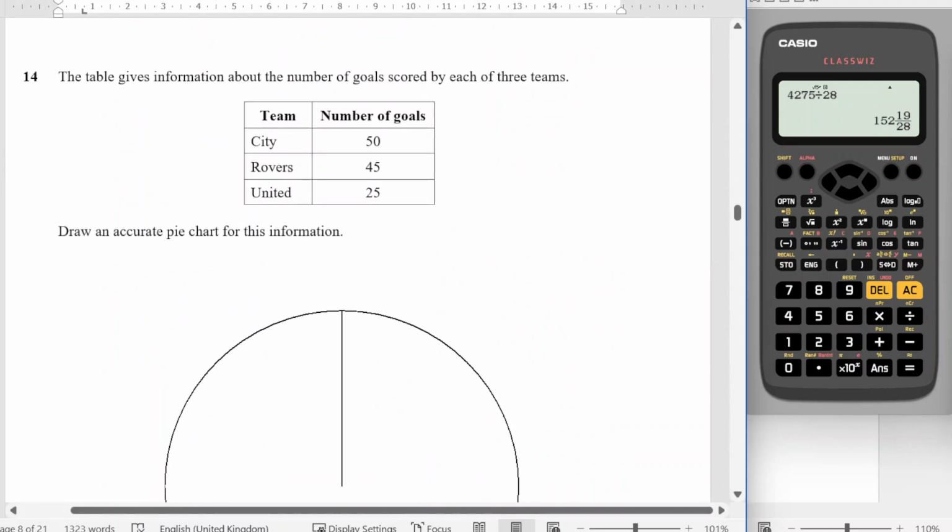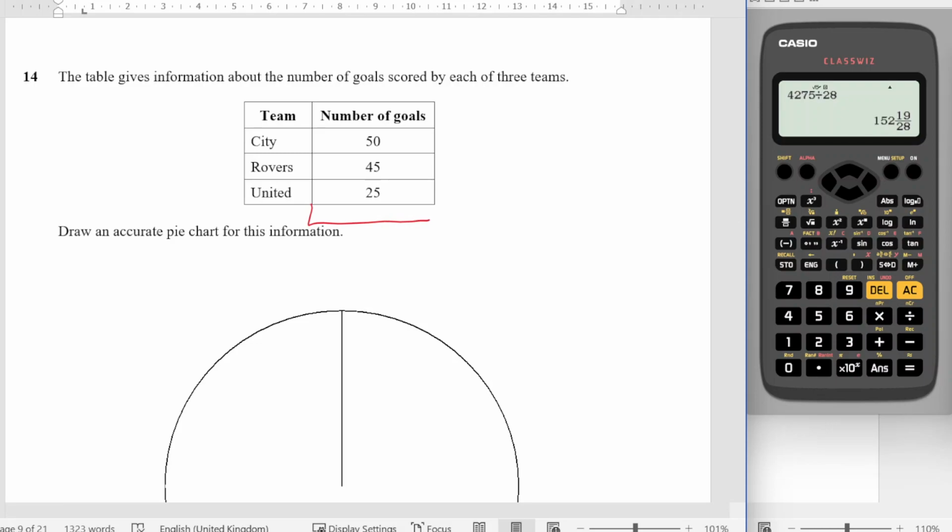Okay, question 14, the pie charts question. Draw an accurate pie chart for this information. So it's a 3-mark question. 3 marks come in a fairly uniform way. So first of all, I need to work out the total number of people that have been asked. So 50 plus 45 plus 25 gives me 120.